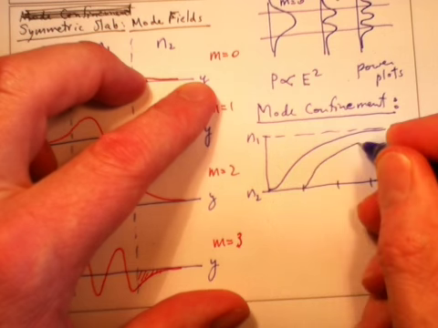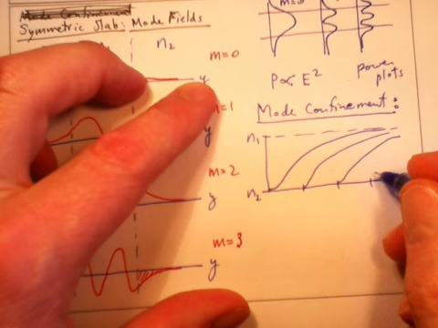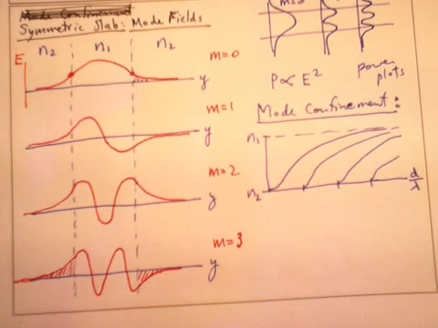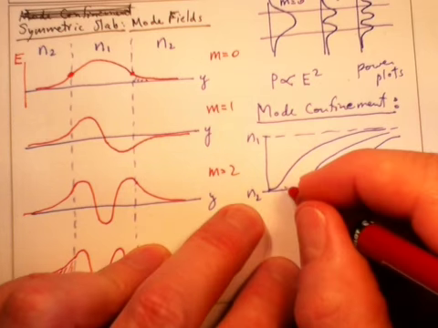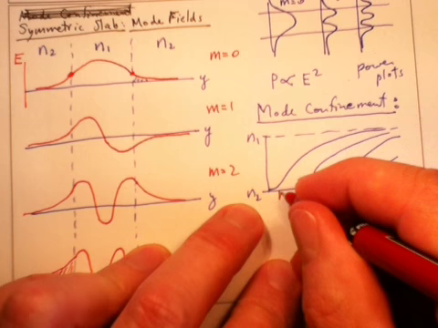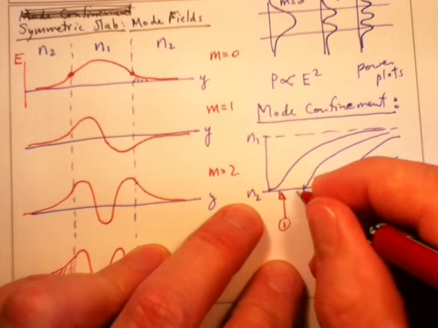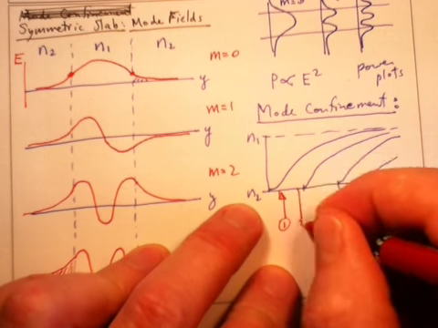Now I'm going to consider 3 different waveguide thicknesses. I'm going to consider this one first, then this one, then this one. Okay?